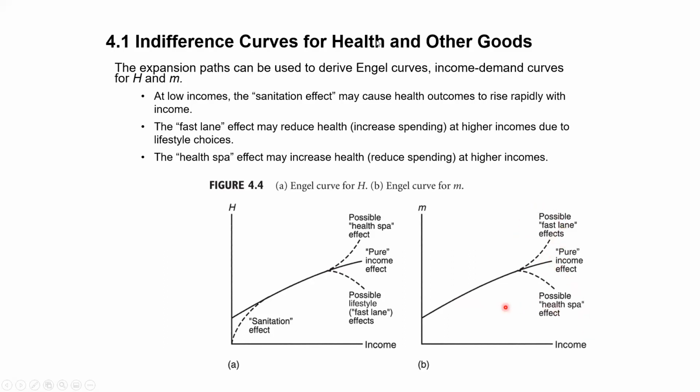On the other hand, there's the opposite effect as well. When people who have increasing income live a healthy lifestyle, they access health services less because they're living more healthy, they are making proper choices. That's what you call your health spa effect, where when they increase their income, in fact their consumption of medical services decreases because they are more healthy as a result of having access to more income.